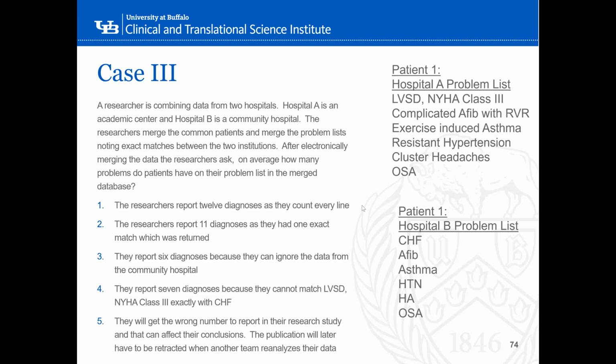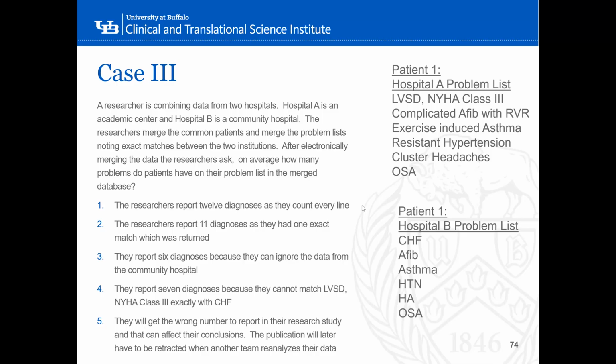I get 5, they get the wrong number, because when I look at the other ones, there's a lot of overlap between the 2 of them. So 12 doesn't quite fit because there is overlap. There's 1 exact match, but there's other ones that are likely to be matches.